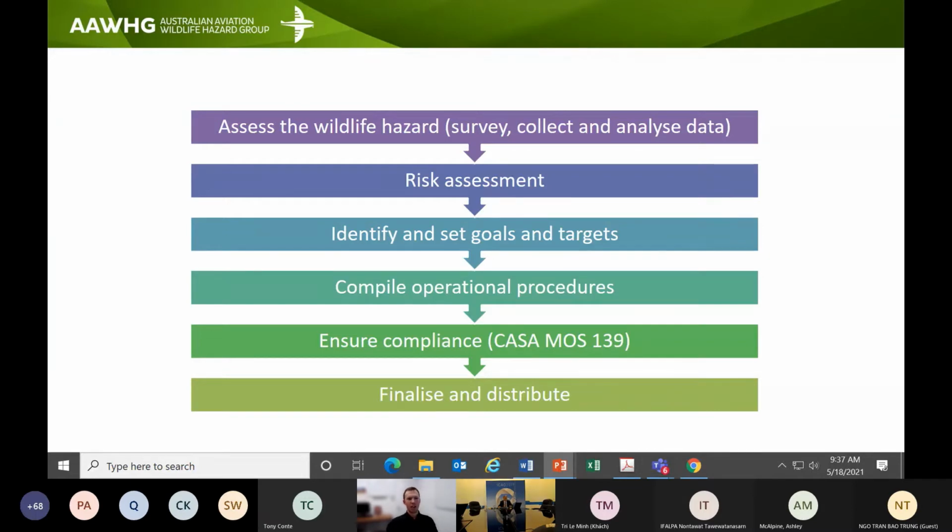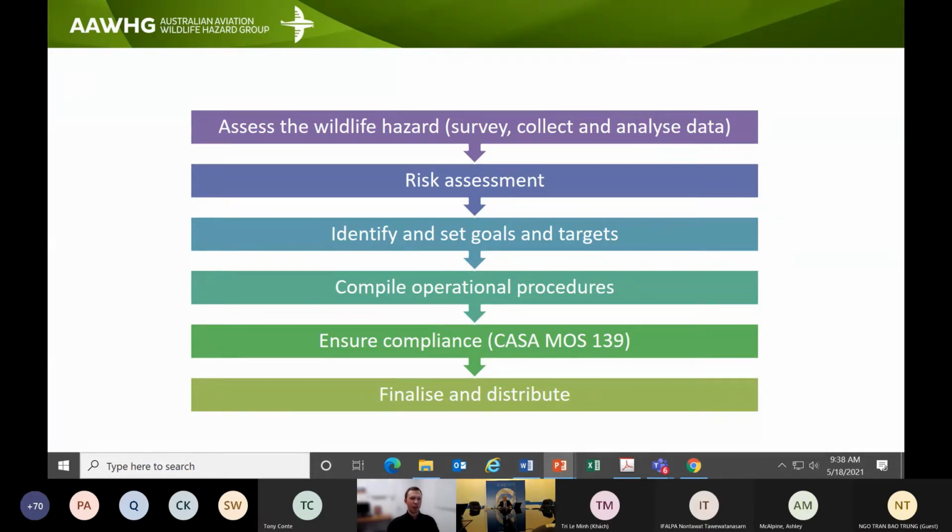So the image depicts a suggested approach for the development of a wildlife hazard management plan. As with any risk assessment, there needs to be provisions for review and update. A risk assessment itself should generally be fluid and dynamic, and they're not a static document, and they need to be able to adapt to change in risk profiles over time.